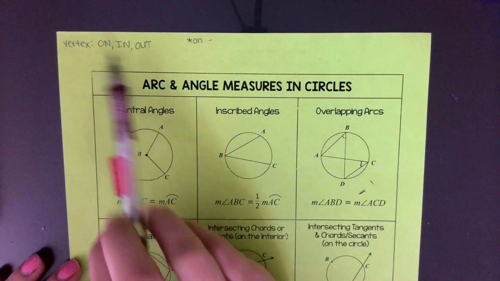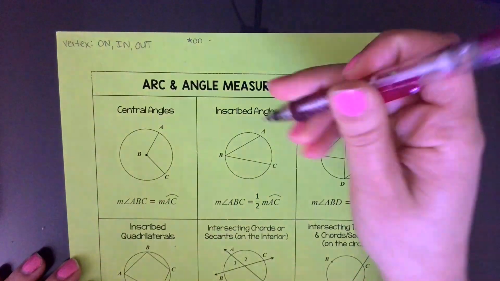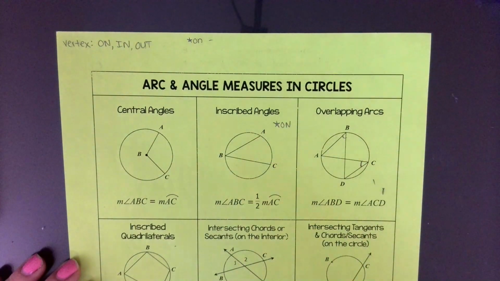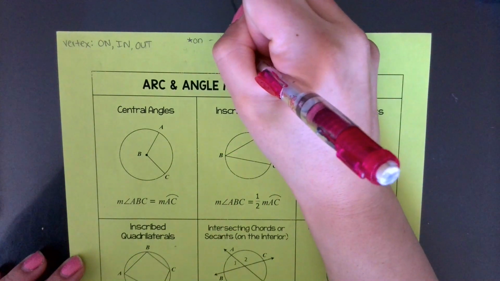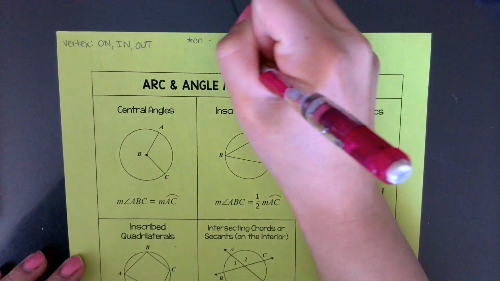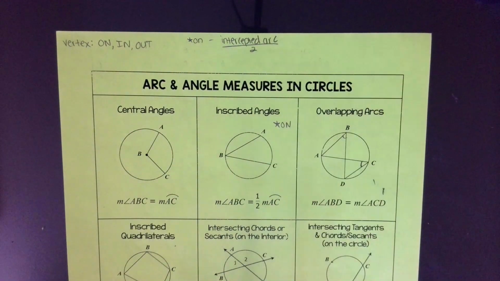It's either on, in, or out. So if it's on, which is right here, all you do is take the intercepted arc and take half of it. That's all we did last time. So we're going to review that for the first two.